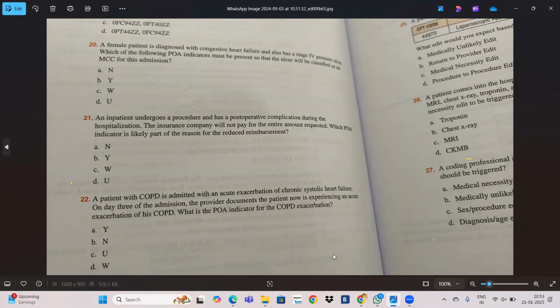I have one question. If a patient is admitted with suspected COPD exacerbation, and after examination the provider states the patient has COPD, in this case is it a Y indicator for COPD? The patient was suspected of the condition, then they identified the condition. At the time of admission they are just suspecting, not confirming. After admission they are confirming.